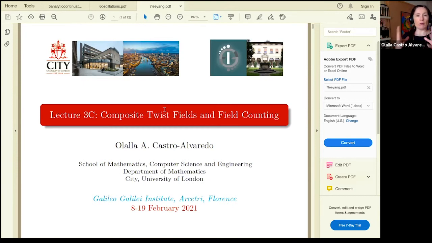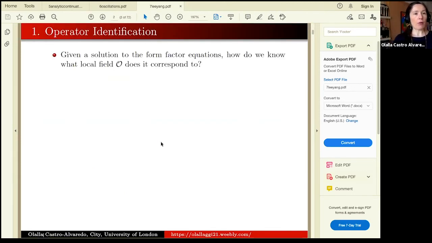and in particular to the question I raised when I talked about form factors, about whether form factor solutions are unique or not, and how do we know if we have all the solutions? How do we identify the solutions? So I'm going to talk about a specific example, a specific theory, and about the question of operator identification in relation to twist fields.